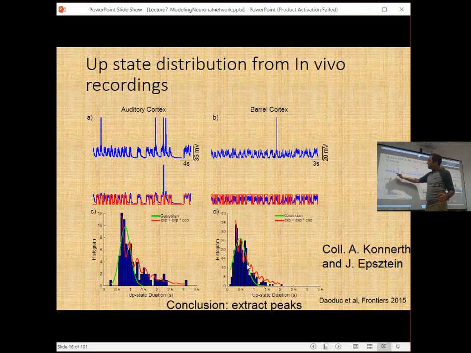And we asked, what is the distribution of the time spent in the upstate? At that time, everybody was fitting a Gaussian or any kind of curve that looks close to the data, but we said, no, according to our theory, we should have this oscillation, and escaping from the attractor is quantified by the loop, because I showed you that you can only escape in a small region.